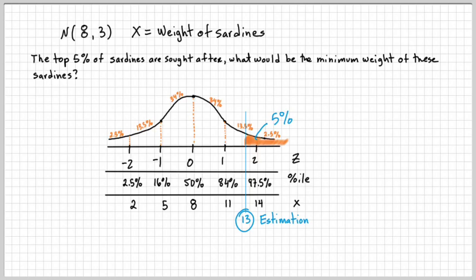We're estimating. So how do you figure it out? Well, you have to use the inverse normal again. But the inverse normal on your calculator only likes percentile, which is this empty piece. If you put 5% in the inverse normal, it's going to be wrong.